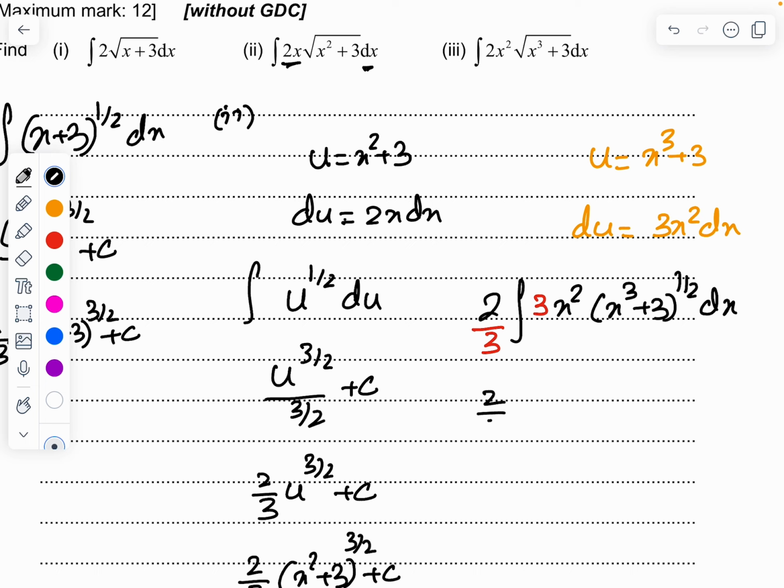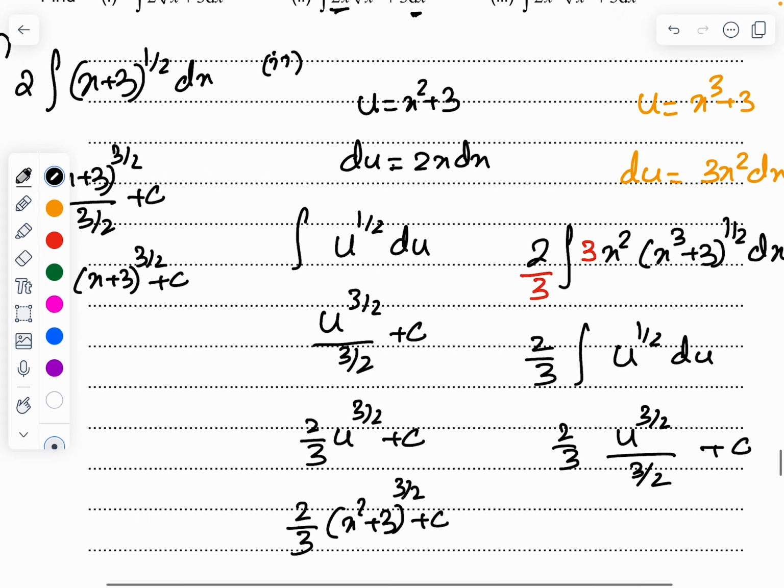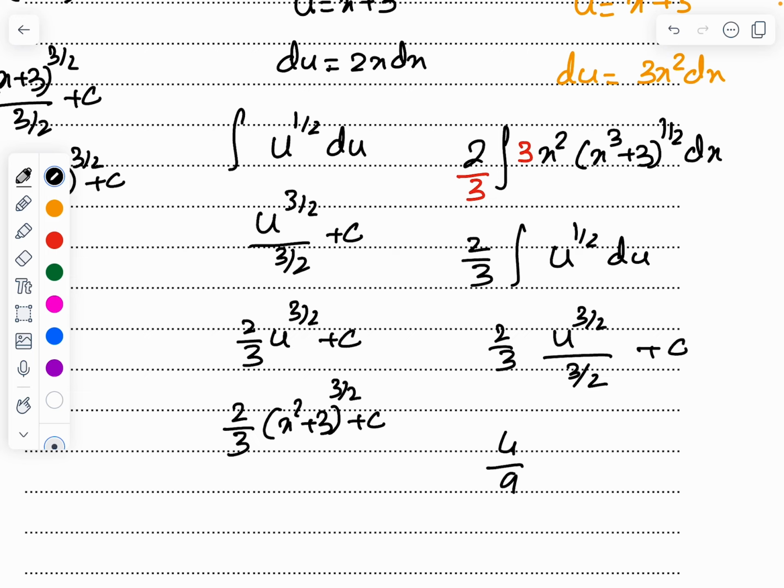So it becomes 2 upon 3 u power 1 upon 2 du. 2 upon 3 u power 3 upon 2 upon 3 upon 2 plus c. So it becomes 4 upon 9 u power 3 upon 2, where u is x cube plus 3, whole power 3 upon 2 plus c.